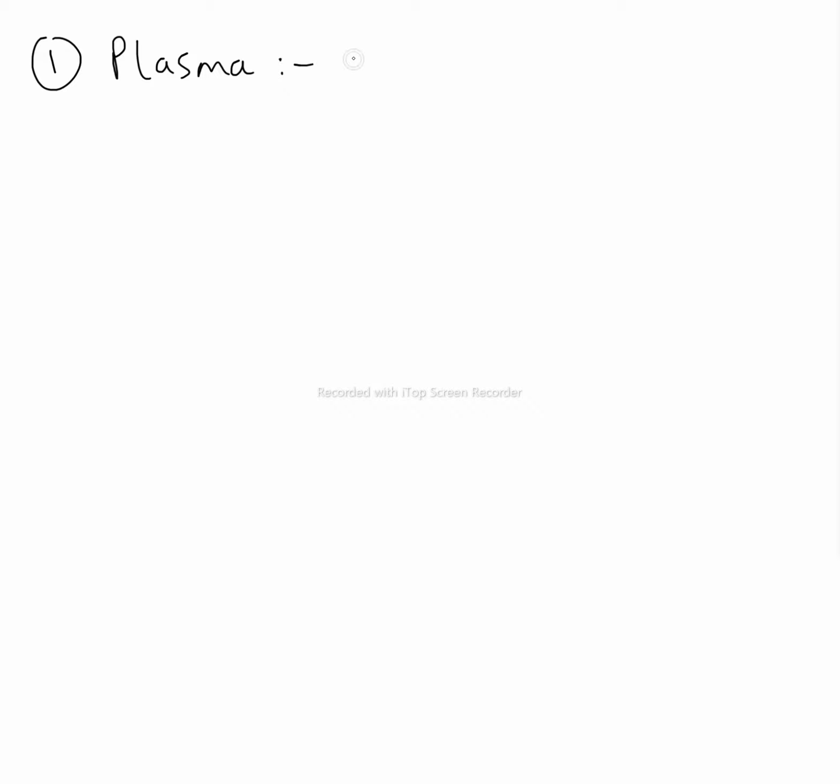So this is the liquid. This is the liquid part of the blood. Right, and what does it mainly consist of?